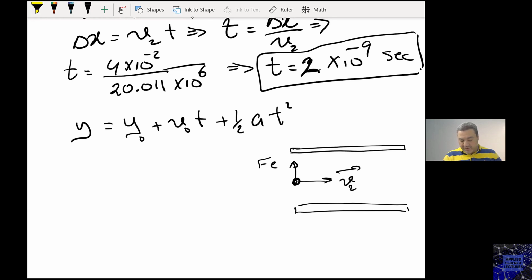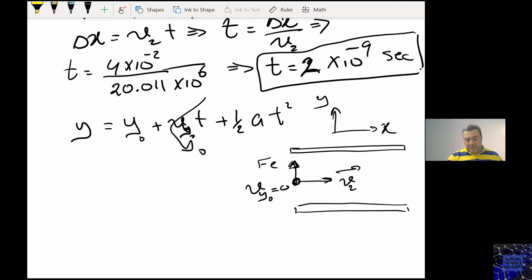For the y-axis, I have Vy naught being 0, because right at this point, along the y-axis, the velocity was 0. Then it will start to increase, starting from the moment the electrostatic force was exerted on it. So here I have Vy naught equals to 0.